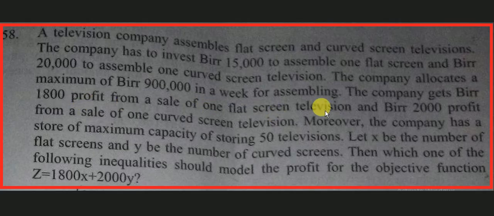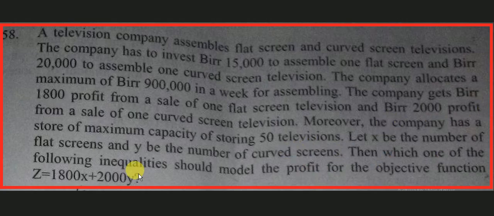The company gets BR 1,800 profit from one flat screen and 2,000 from one curved screen, and there are some resource limitations, store limitation. The store can hold only 50 televisions. Budget limitation አለ, store limitation አለ, እነኚህ constraints ይባላሉ. አሁን ጥያቄው ምንድነው?